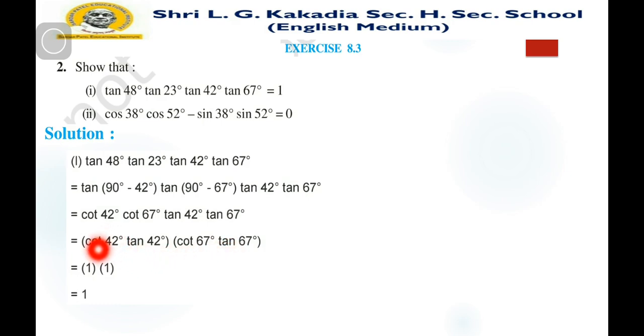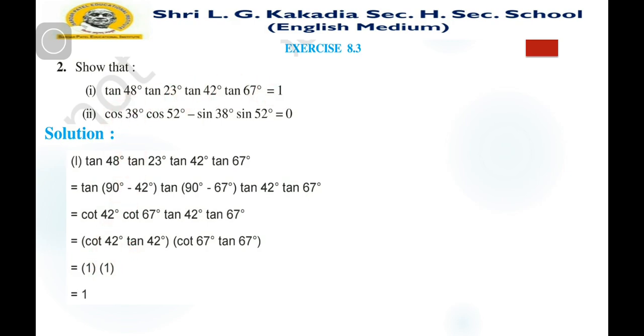Here we find tan into cot is equal to 1, because tan and cot are reciprocal of each other, as we know, then their multiplication is equal to 1. So here also, the angles being similar, cot into tan is equal to 1, then its answer is 1, which we have verified.